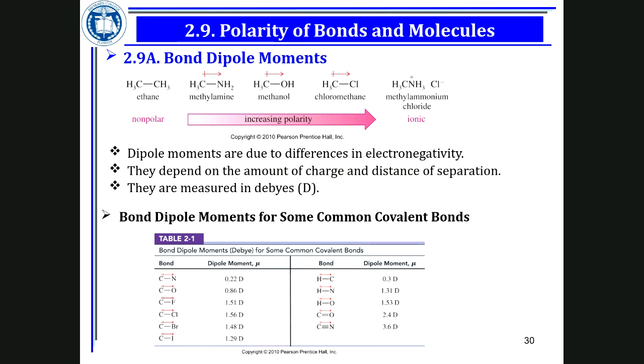Now, how is it going to help us if we know a molecule is polar? The general rule for solubility is that like dissolves like: polar compounds dissolve in polar solvents, non-polar in non-polar. So if we know the compound is polar, we can expect it to dissolve in water or in a polar solvent.